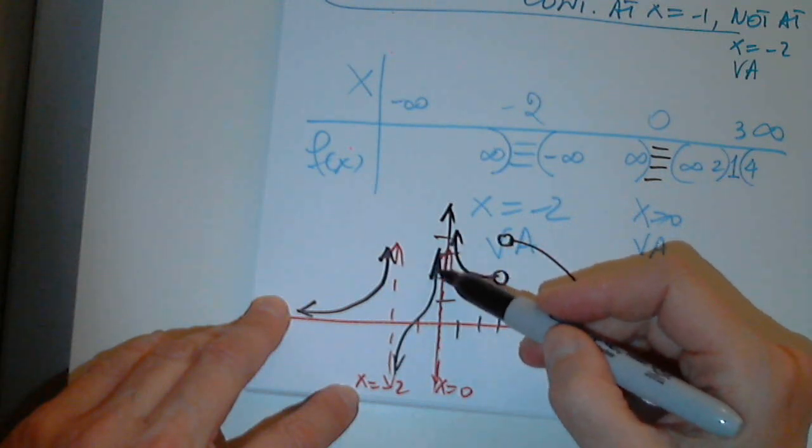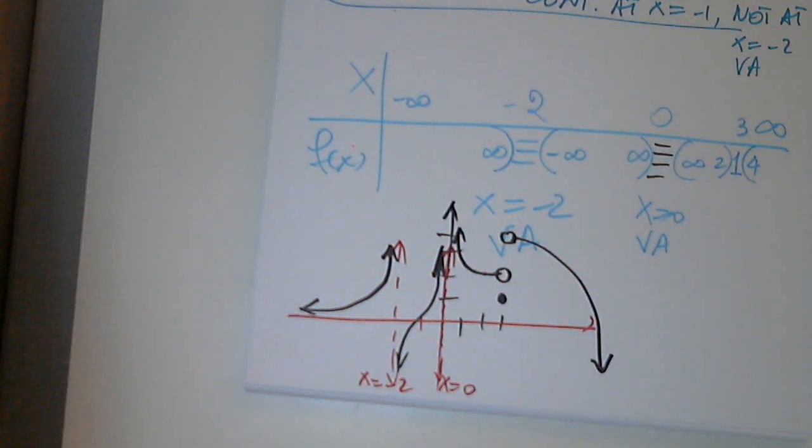So this is the graph. All conditions are fulfilled. Infinity on the left-hand side of -2, -infinity on the right-hand side of -2, +infinity on the left-hand side of 0, +infinity on the right-hand side of 0, (3, 2) an open point, (3, 1) a full point, and (3, 4) an open point.